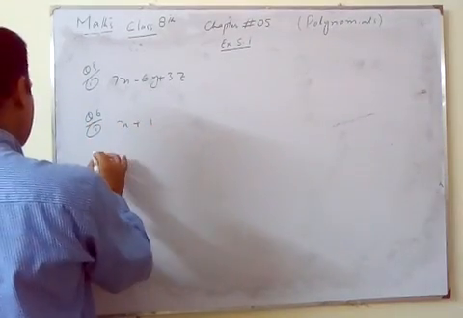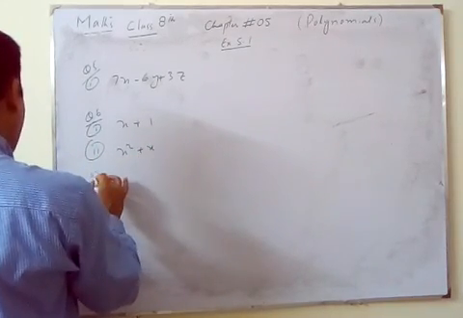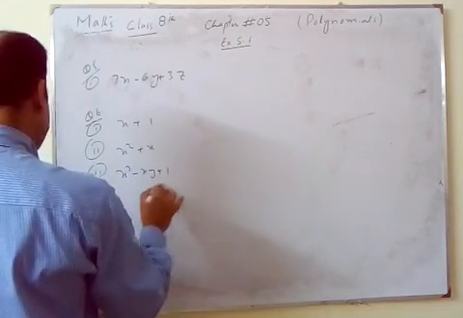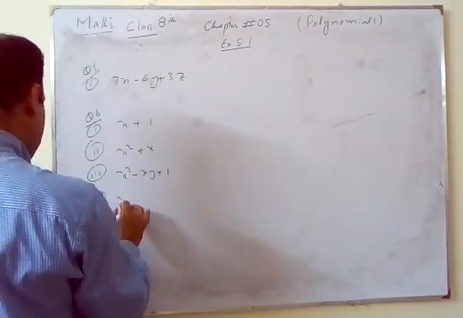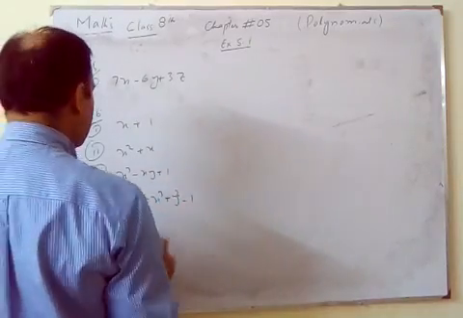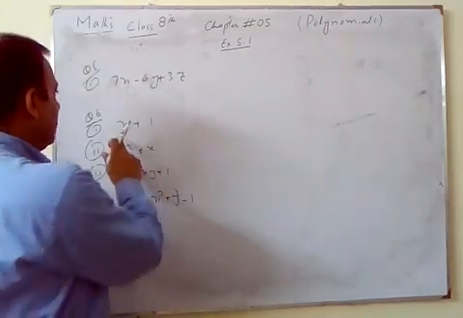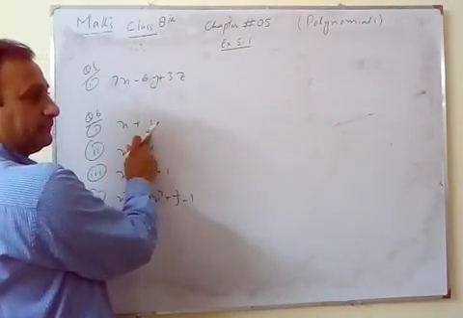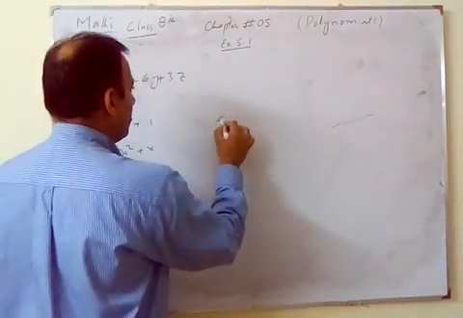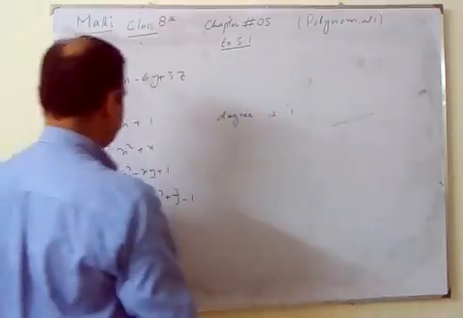x plus 1. Second part, x square plus x cube minus xy plus 1, x square y square plus x cube plus y square minus 1. The highest power of the variable we call the degree. Highest power is 1, so degree is 1.